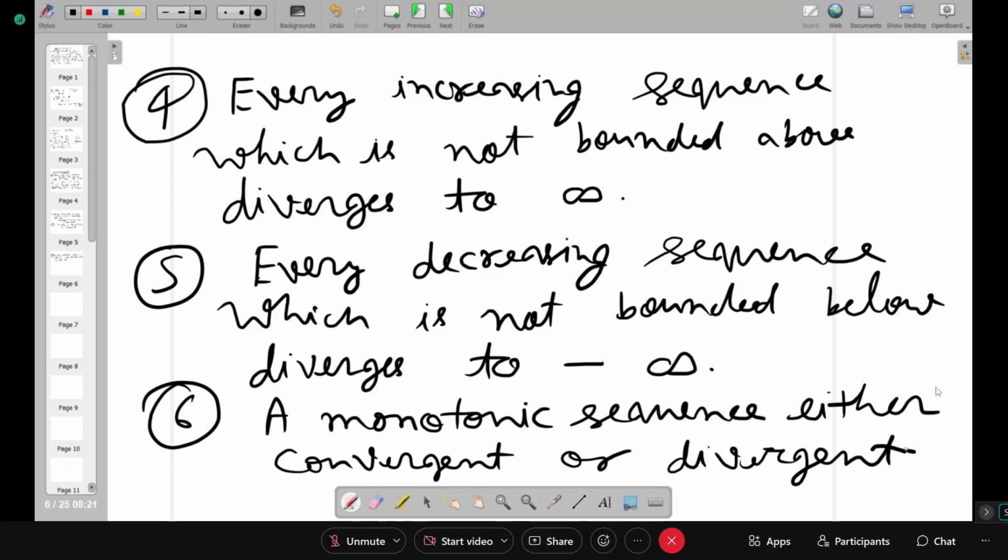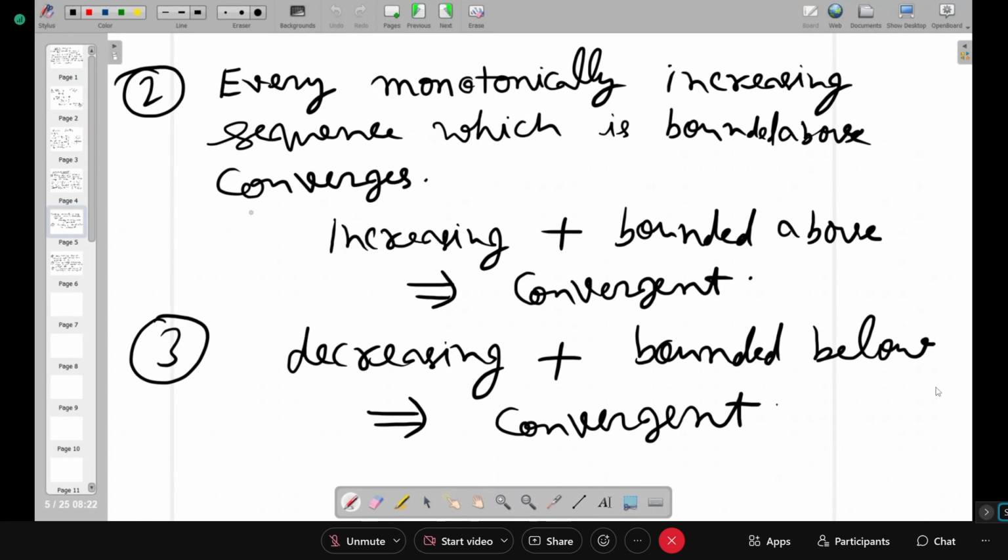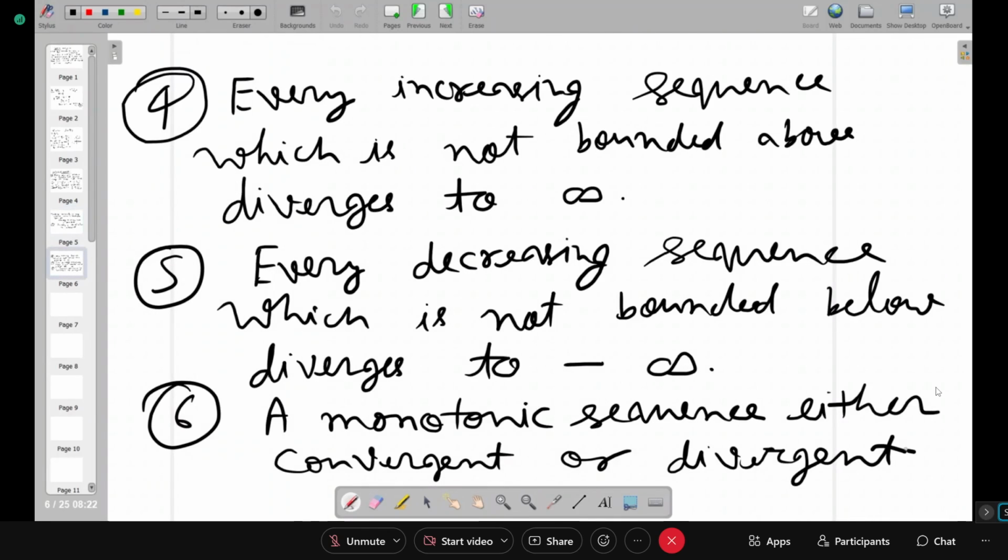Okay, it means if an increasing sequence or a decreasing sequence is there, then if you are able to find out that it is increasing plus bounded above, then convergent. Decreasing plus bounded below, convergent. If increasing but not bounded above, then diverges. Decreasing but not bounded below, diverges. And if it has the monotonic property, meaning increasing or decreasing, then it will always be either convergent or divergent.